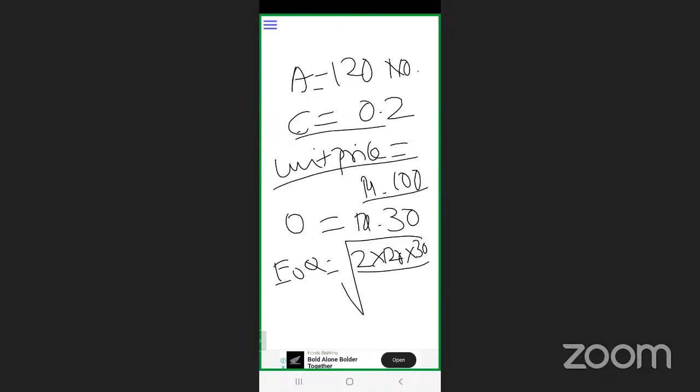Carrying cost is usually given as a percentage, or per unit it is 0.2. So 0.2 of the cost, 0.2 into 100, 0.2 of the unit price. So carrying cost is found out per unit. It is given as 0.2, which means 0.2 into unit cost. That is how you find out the C.